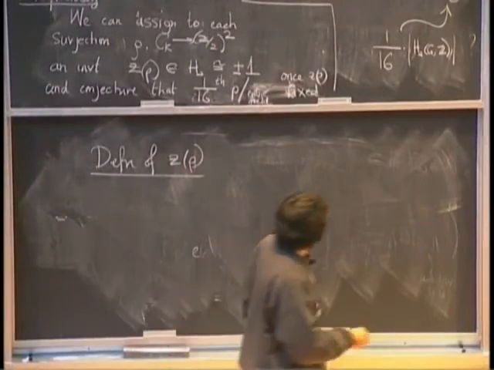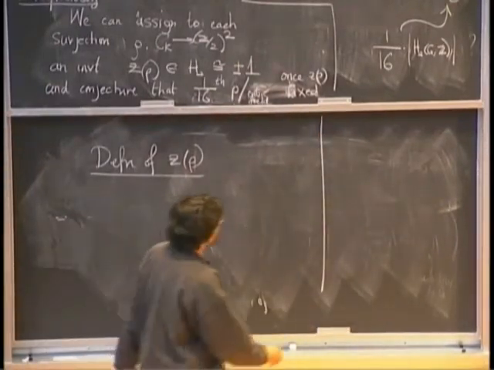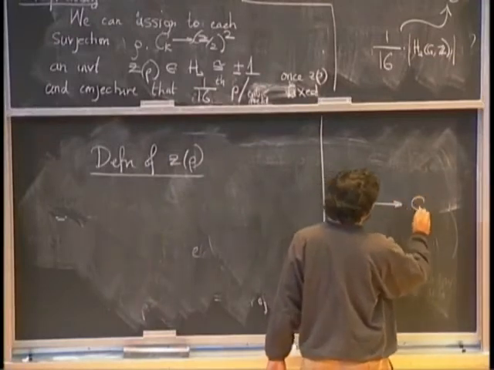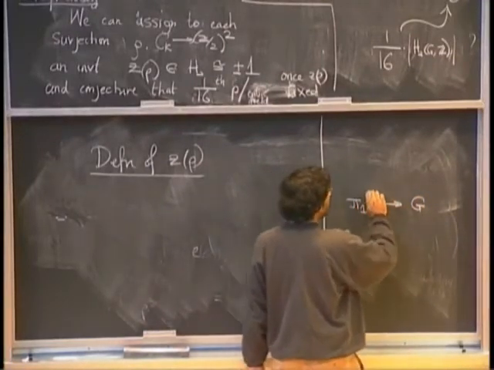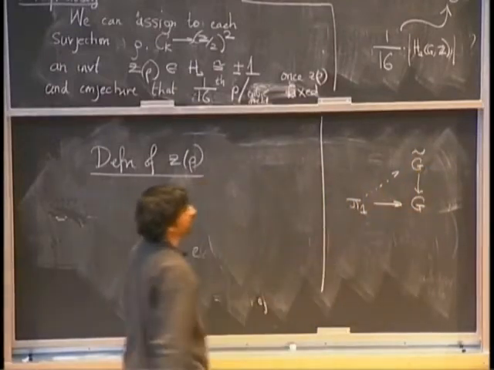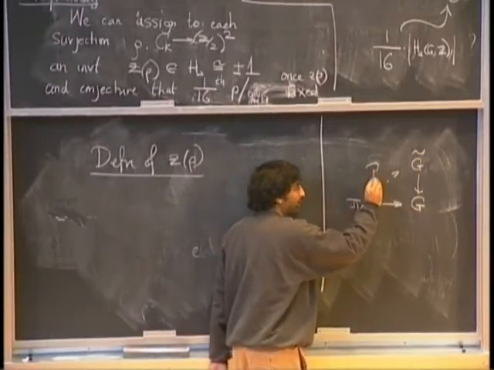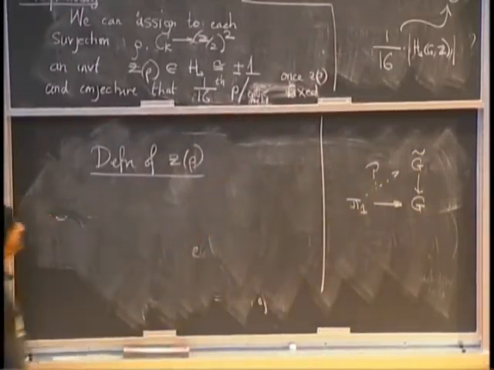If you recall what happened over the complex numbers, I took a homomorphism from pi1, and I tried to see to what extent it would lift to a covering group. The invariant I defined had something to do with how this lifts. So here's what we're going to do.